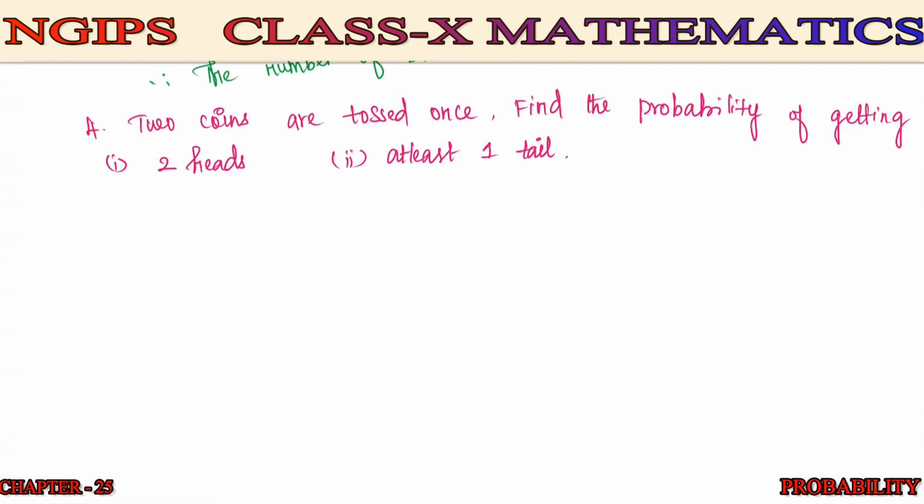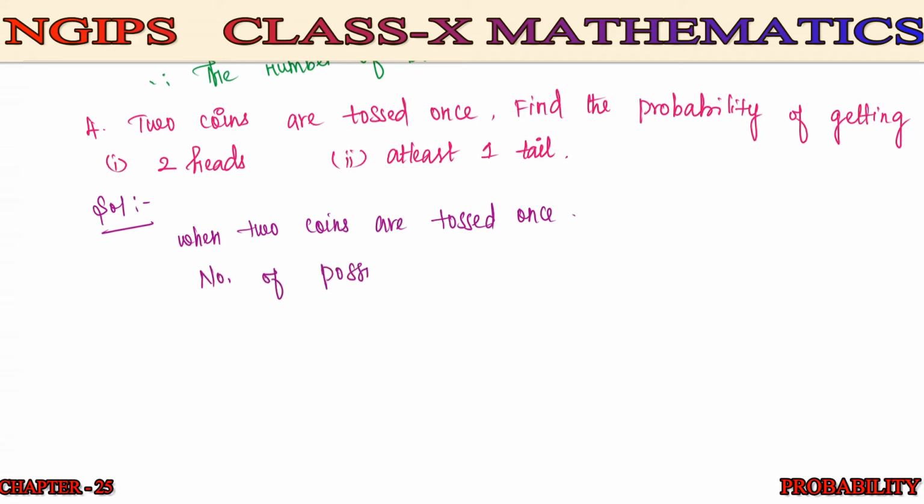So in this given condition, solution, when two coins are tossed once, number of possible outcomes. So first I am going to find the possible outcomes first.